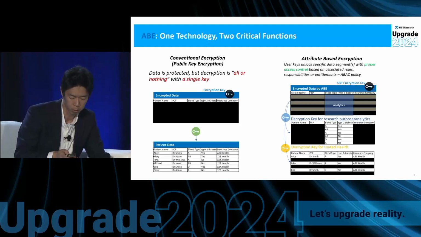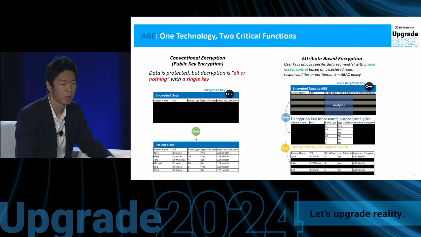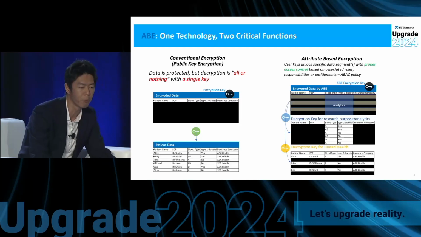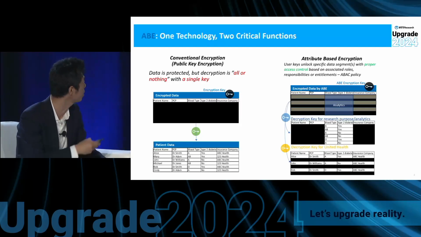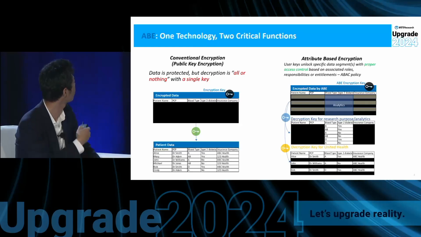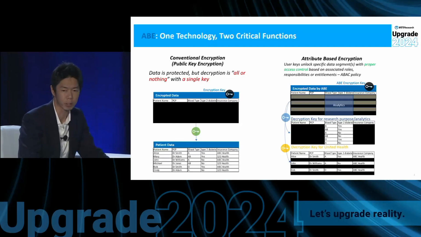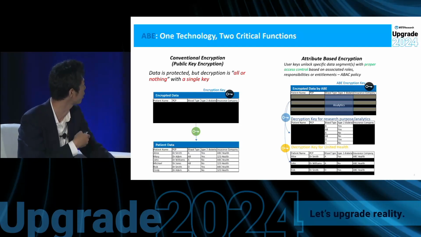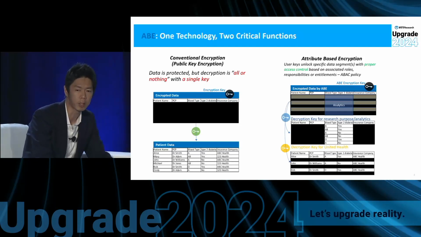So let's say we want to embed the attribute analytics in these two columns, and then we will provide this blue key to the researchers. And this blue key has the same attribute, analytics. In this case, the researcher can see the data in these two columns, but he cannot unlock the other columns.